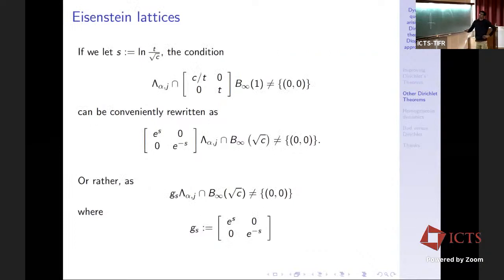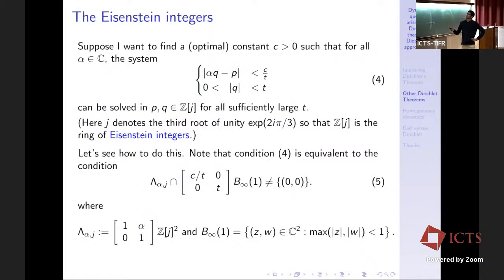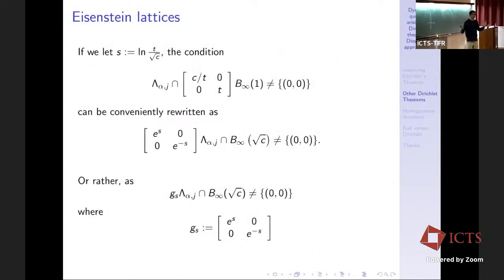Now, one trick you can play is you can try to normalize things so that this matrix becomes diagonal, and it does so exactly if you choose S to be natural log T over square root C. I should mention all of this is like a thought experiment. We want to see if such a C does exist. So bear with me.